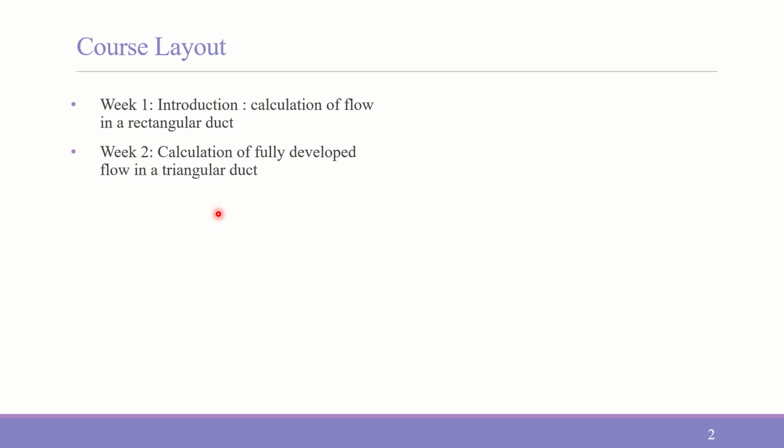In week 1, it was about how we calculate the flow in a rectangular duct using the finite difference approach, and in the second week, it was about the finite volume method.